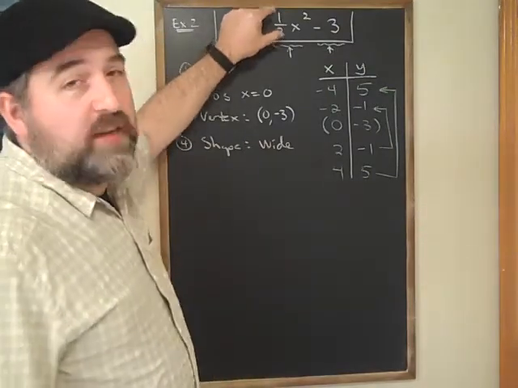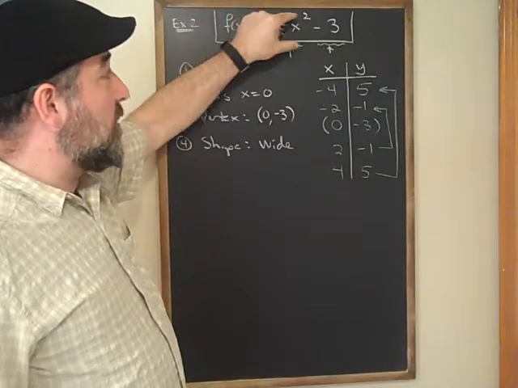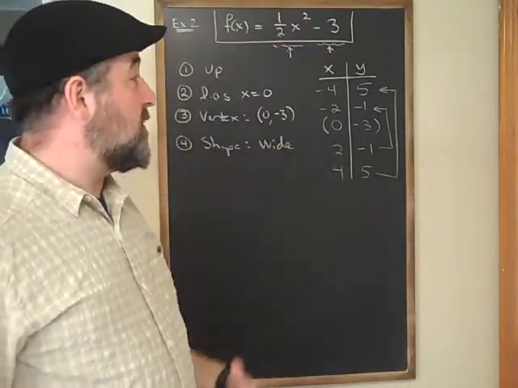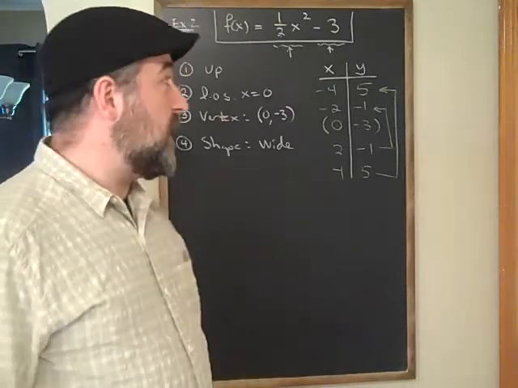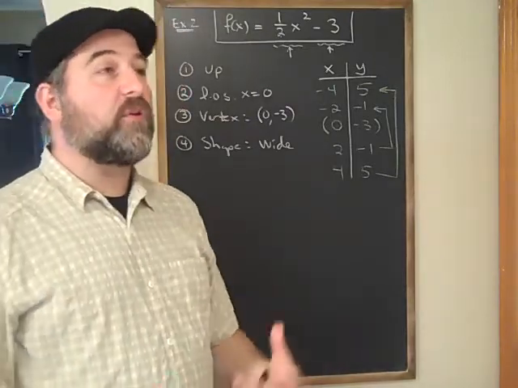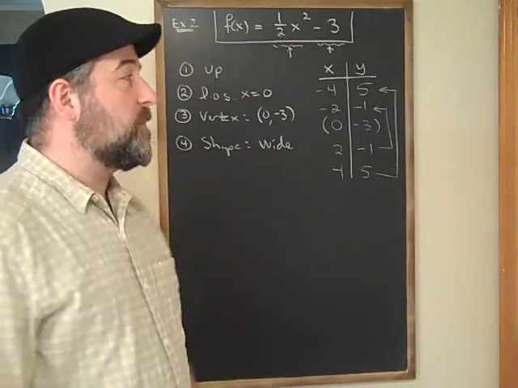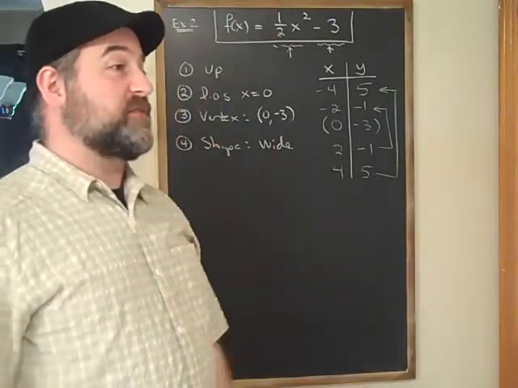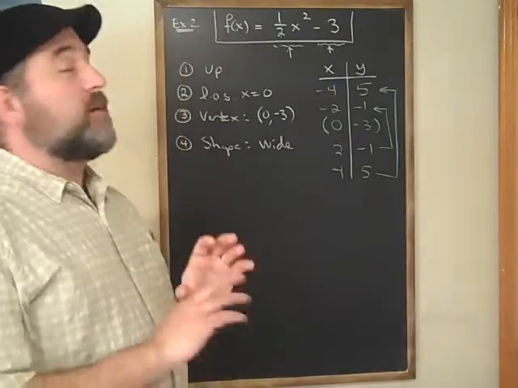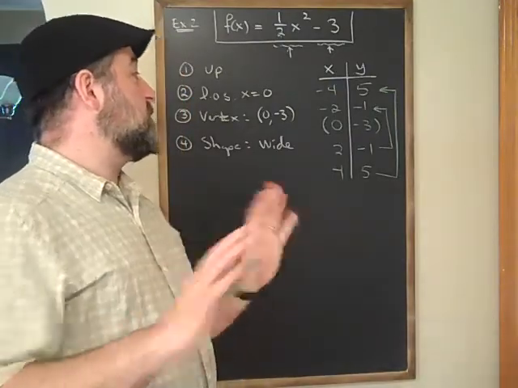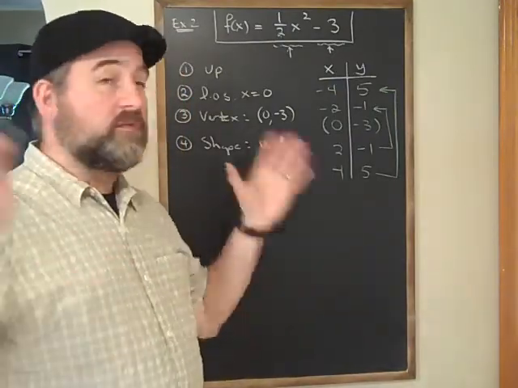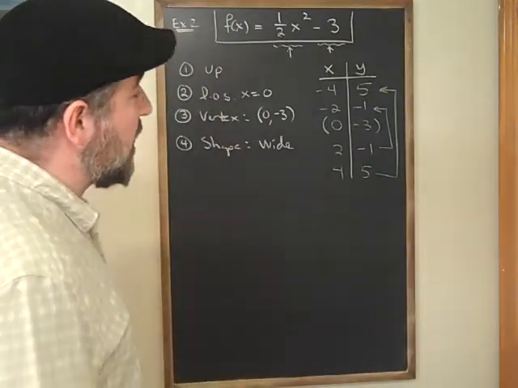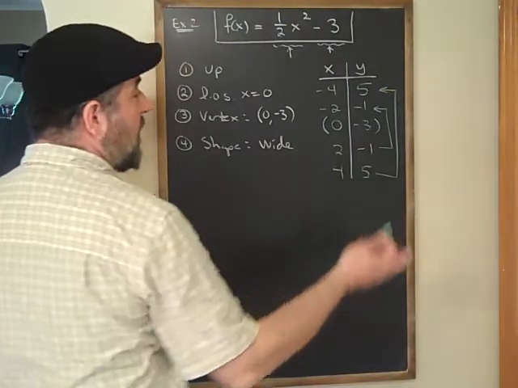If this coefficient had been a third, 1/3 x squared, I wouldn't have jumped by 1s, I wouldn't have jumped by 2s, I would have jumped by multiples of 3, because it's easy to take a third of multiples of 3. If this had been a fourth, I would have considered jumping by 4s. But if you're okay dealing with fractions, you can jump by 1s, 2s, whatever you want to jump by and deal with those fractions. But if you want to try to end up with nice integer values, you can do that as well.